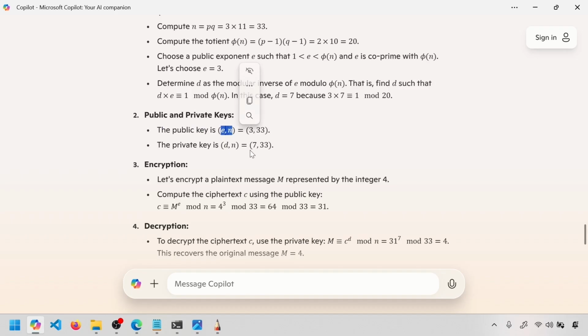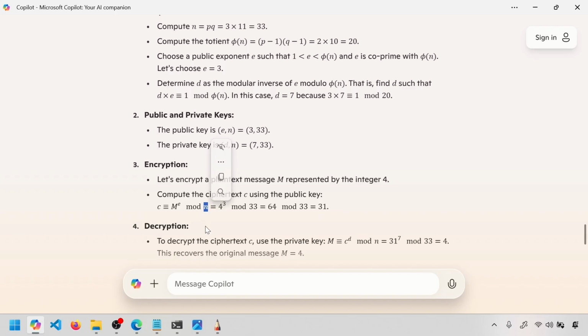We have seen this formula to encrypt. How do we encrypt? M, which is a message, raised to e, which is 3 in this case, and mod n. We are taking the modulus. We are interested only in the remainder. If you have any confusion on what is mod, please refer to the hashing session. We are taking the remainder after dividing with this number.